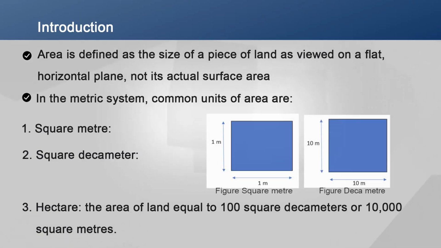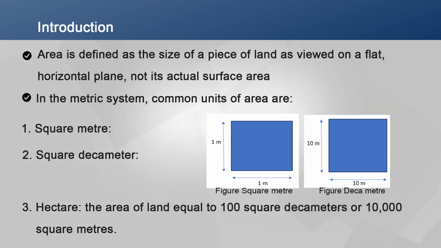In the introduction part we will discuss the area calculation. So what is area in the surveying which we are going to deal with? In surveying, area is the size of a piece of land as viewed on a flat horizontal plane, not its actual surface area. Why? Because the actual surface area will be much higher than the area on the horizontal plane.